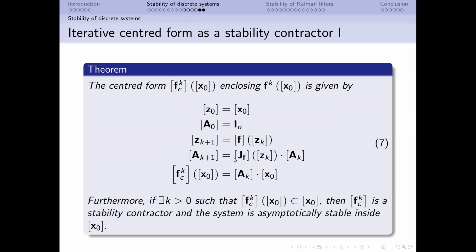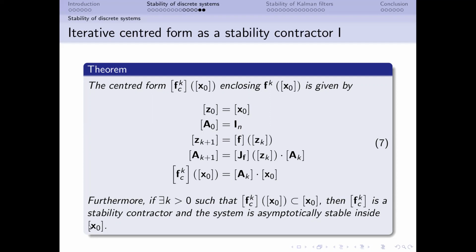Then by performing this iterative algorithm that computes the state of the system after a few iterations by the function f, and actually the centered form of these few iterations, then we can prove that if the image by the centered form is inside the initial box x0, then the centered form is actually a stability contractor, and the system is asymptotically stable inside the neighborhood x0.